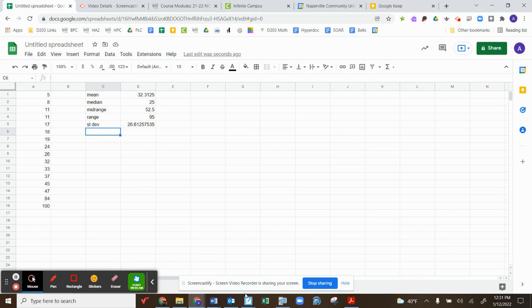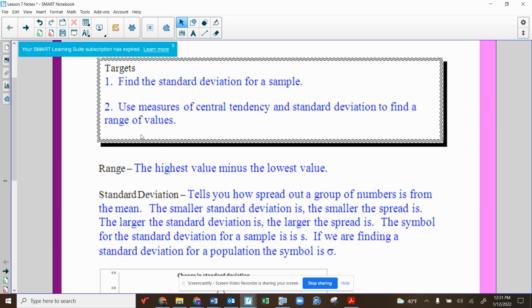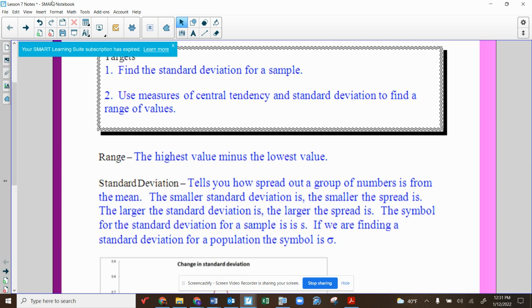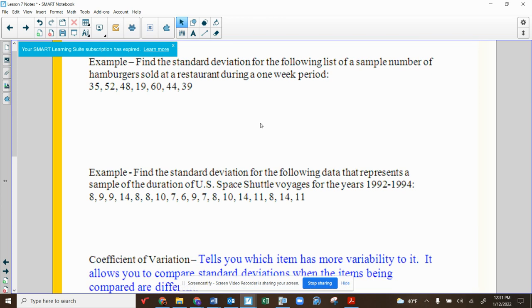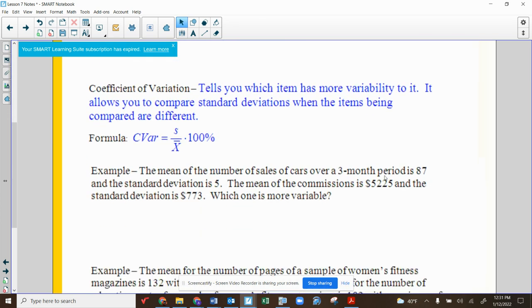Okay, so then the other thing from this lesson, if you look at the notes, obviously if you want the definitions, you can pause this and copy those in if you want to, or they are online as well. And you can go through the examples that are on those. Coefficient of variation is the other thing that you're going to be asked to do. So what a coefficient of variation does is it takes two different sets of information and tells which one has more variability to it.